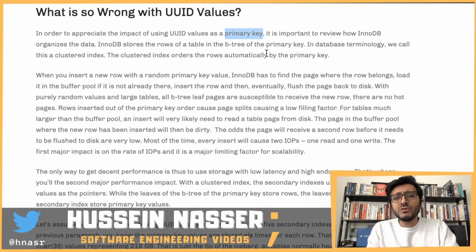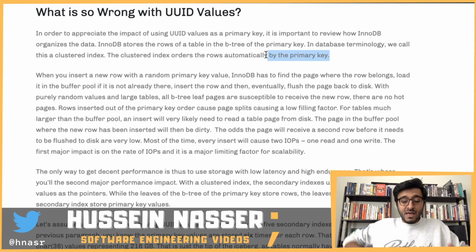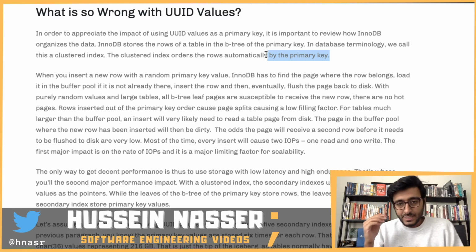It is important to review how InnoDB, which is the default database engine for MySQL, stores the rows of a table in a B-tree for the primary key. In database terminology, we call this a clustered index. The clustered index orders the rows automatically by primary key. So the table is organized based on the primary key index, right?